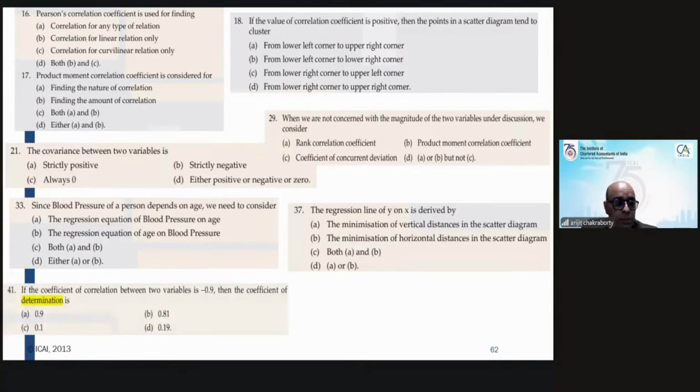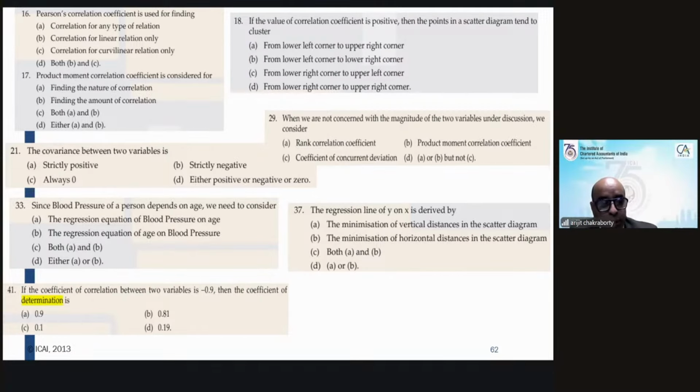The last two questions. Question number 41: if the coefficient of correlation is minus 0.9, that means a fairly strong, I would say robust, negative correlation, then the coefficient of determination is how much? We have already discussed in detail that the coefficient of determination is the square of the coefficient of correlation.